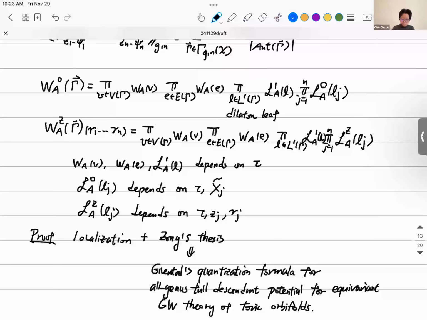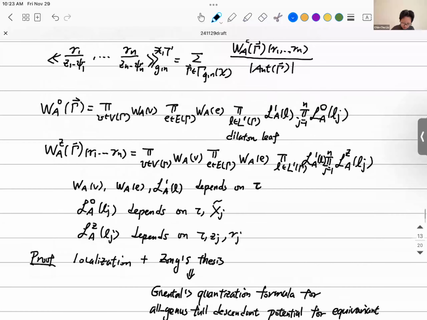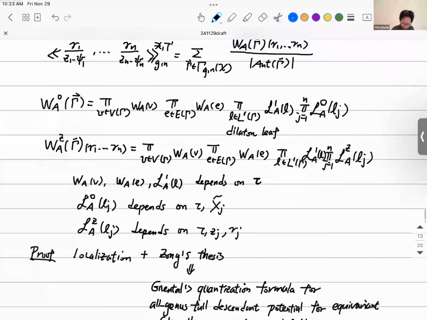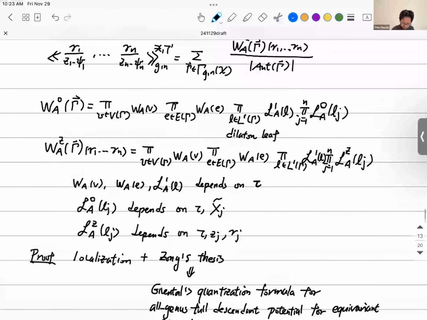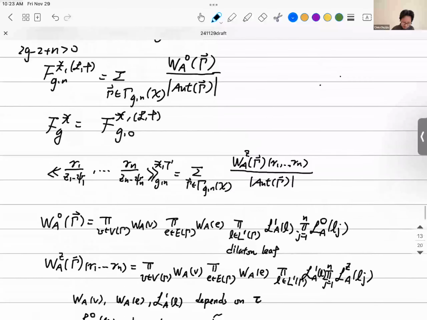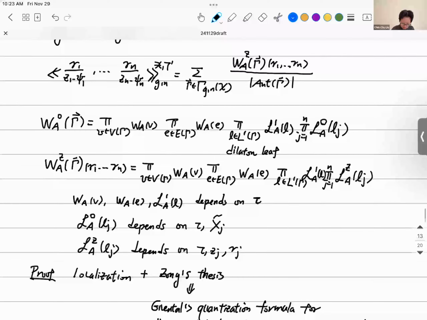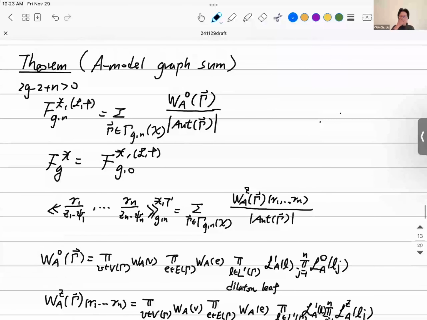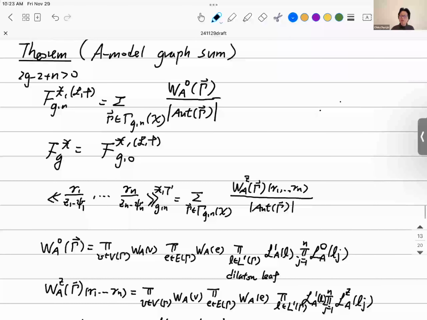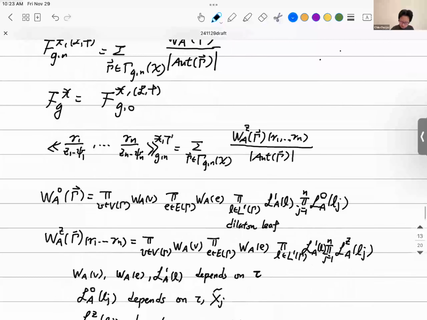Yes. So using this localization result from the thesis, we can prove this A model graph sum formula. So the proof will actually be the following. Next we are going to define B model topological strings.